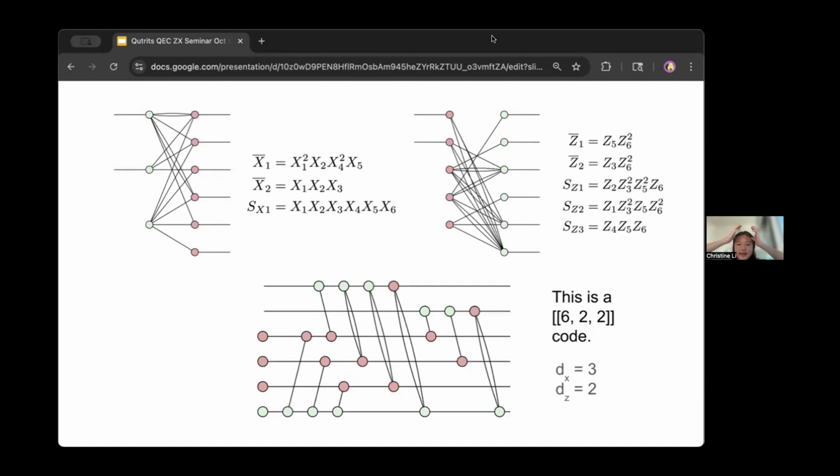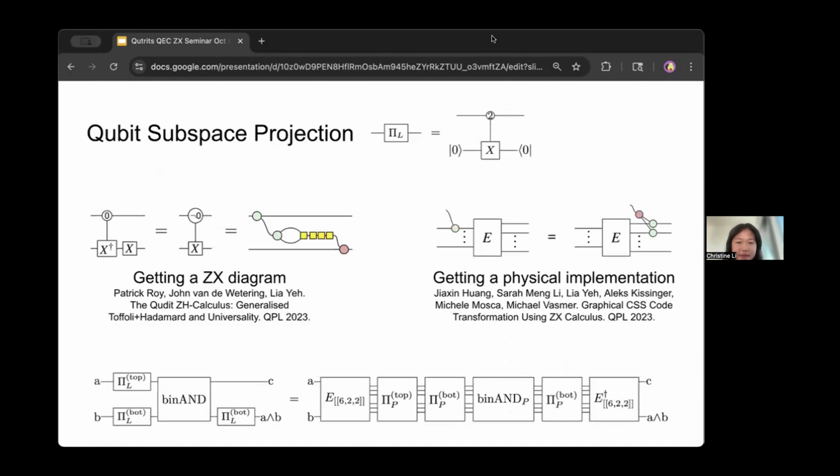Lastly, one additional thing that we can do is what we call qubit subspace projection. The idea is that if we wanted to use this code for qubit emulation and computation, we want to be able to detect if a logical qutrit emulating a qubit has entered this Ket2 subspace.